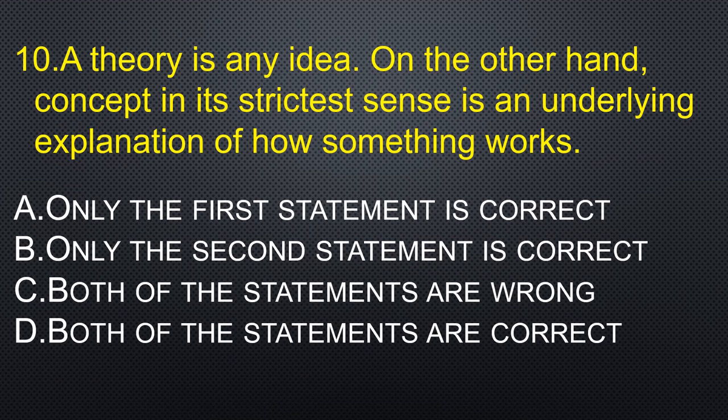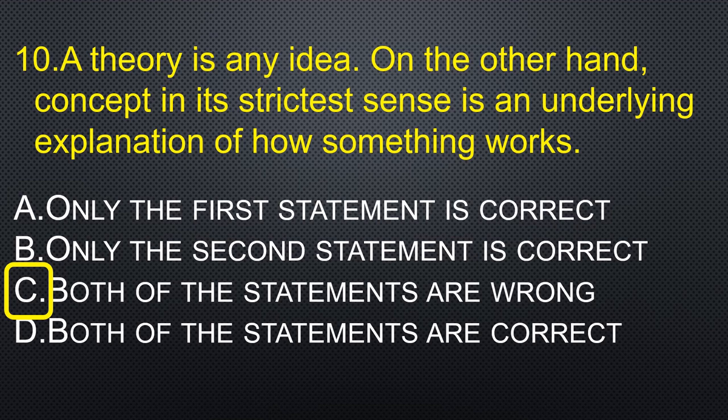Okay, so number 10. A theory is any idea. On the other hand, concept in its strictest sense is an underlying explanation of how something works. Obviously, the answer here is both of the statements are wrong because theory is not simply an idea. Okay, but rather your theory basically is an assumption or a prediction of something.